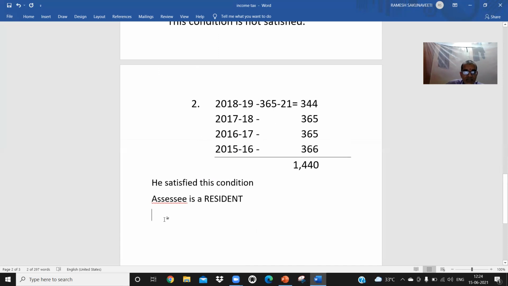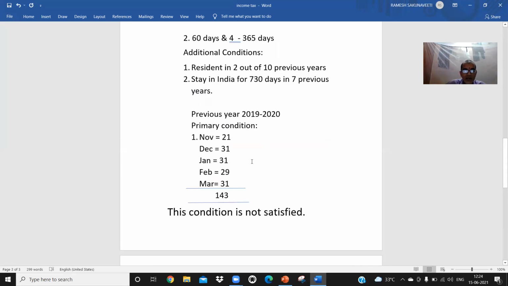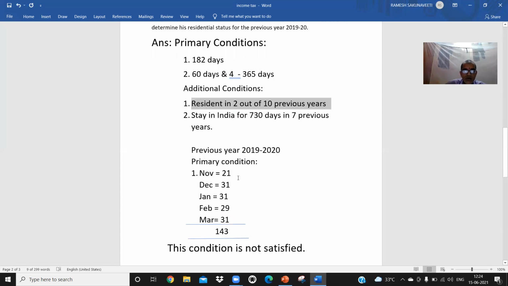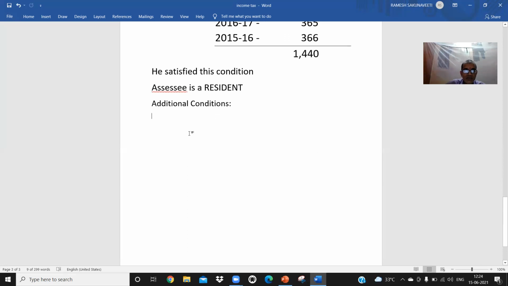I am copying that here. This is the first additional condition.